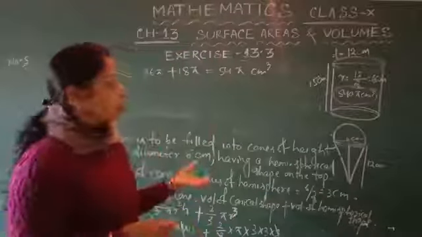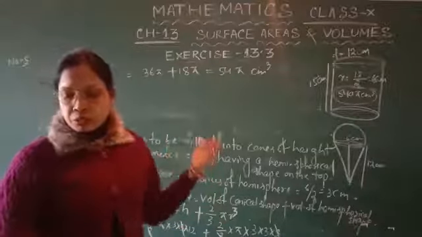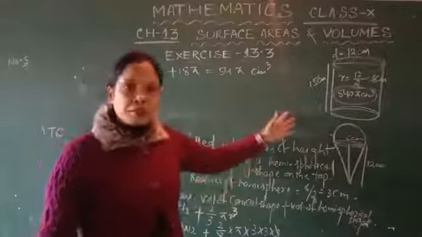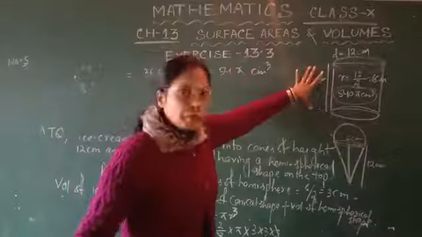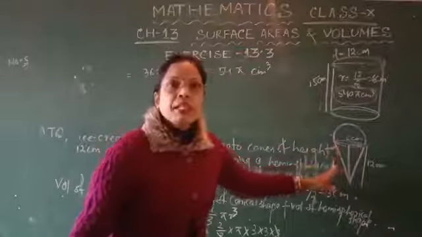According to our question, we have to find the number of such cones which can be filled with ice cream. That means the total volume of ice cream divided by the volume of ice cream in each cone.